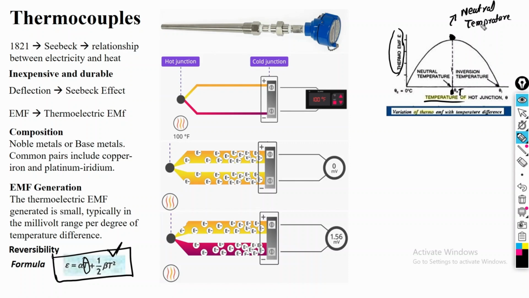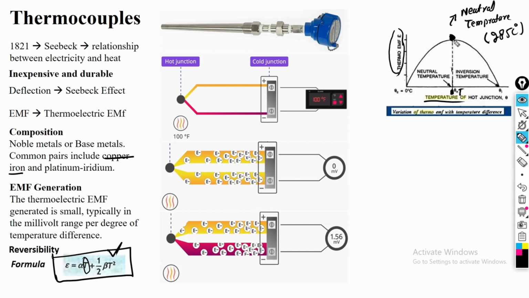This is different for different materials. For the copper-iron pair, the neutral temperature is about 285 degrees centigrade. Up to 285 degrees centigrade, as the temperature increases, the thermoelectric EMF increases. When it reaches 285 degrees centigrade, this relation breaks down.